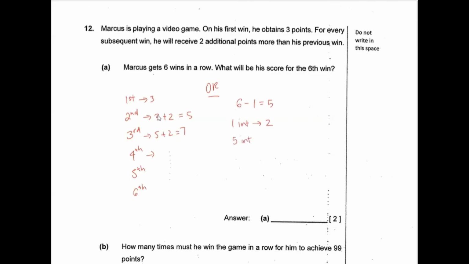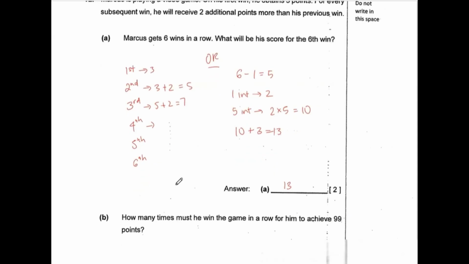So 5 intervals means we'll take 2 times 5, which is 10. Then add back the very first win, which is 3 points. So 10 plus 3 is 13. So listing gives 13, and this method also gives 13. Of course, if they are asking for a very big number, it's better to use this method instead of listing down all the way.